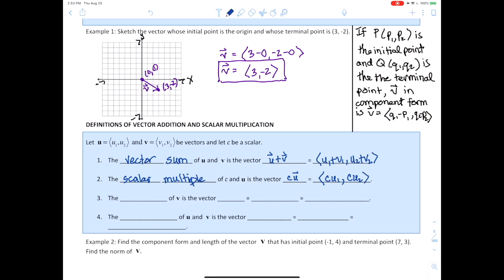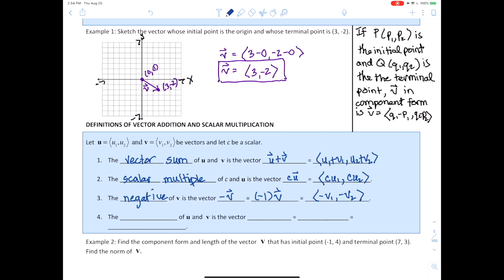The negative of v is the vector negative 1 times v, or the opposite of v, and that's going to end up being (negative v1, negative v2).